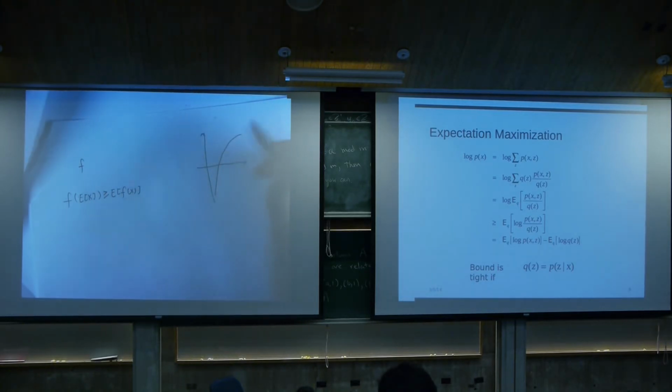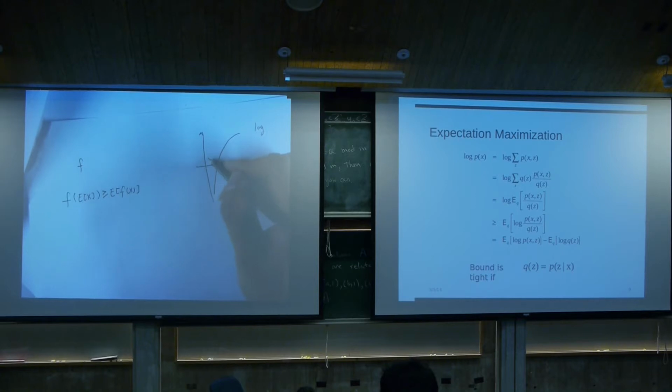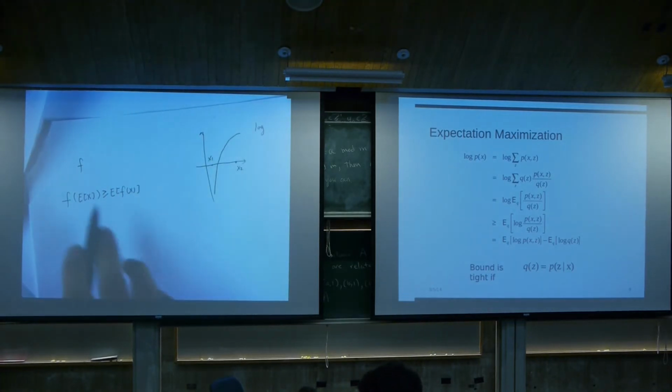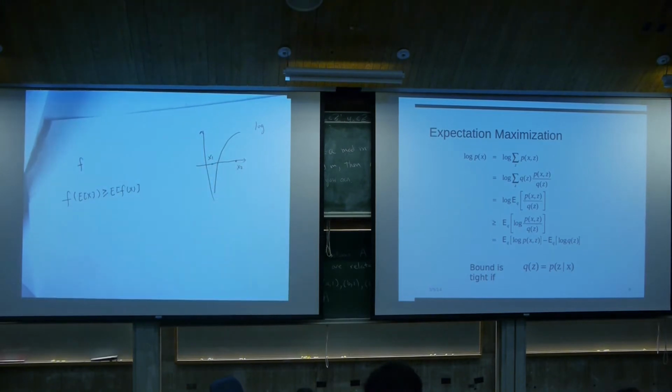So here is an example, which is a log function, which is concave. And we have 2 points here, x1 and x2. So the expectation of x1 and x2 must be some point in this line segment from x1 to x2, right?